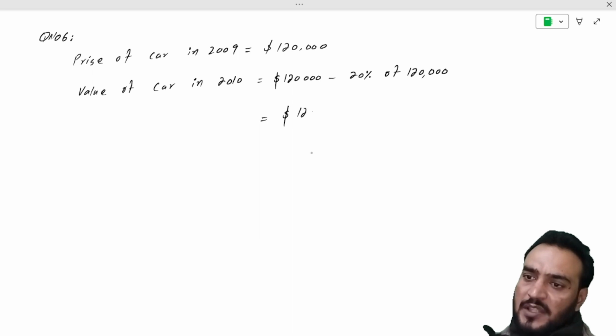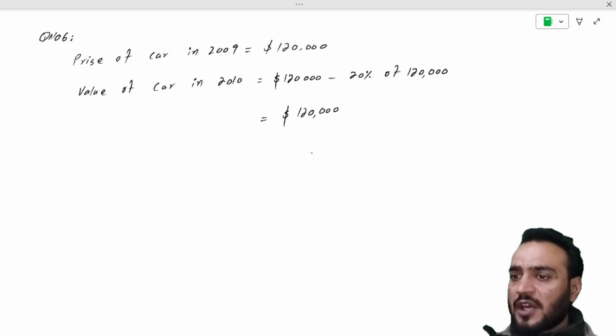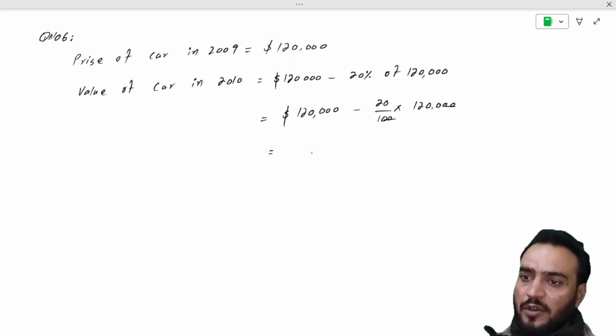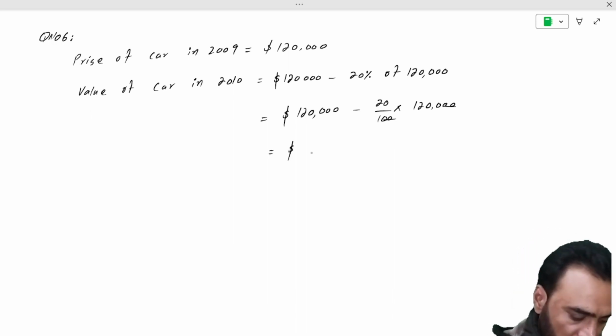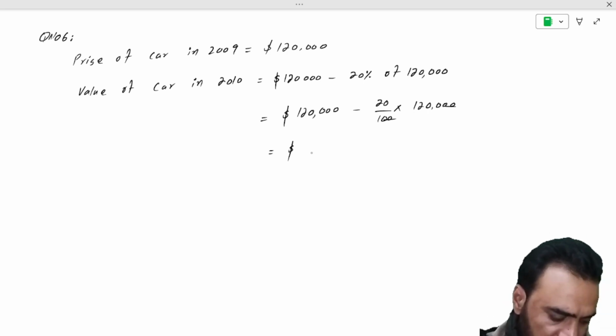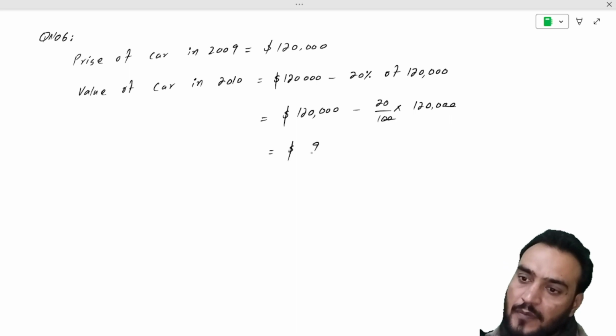Now we solve the percentage: $120,000 minus 20 over 100 times $120,000. After cancelling two zeros, multiplying 1200 by 20 and subtracting from $120,000, we get a new value which is $96,000.